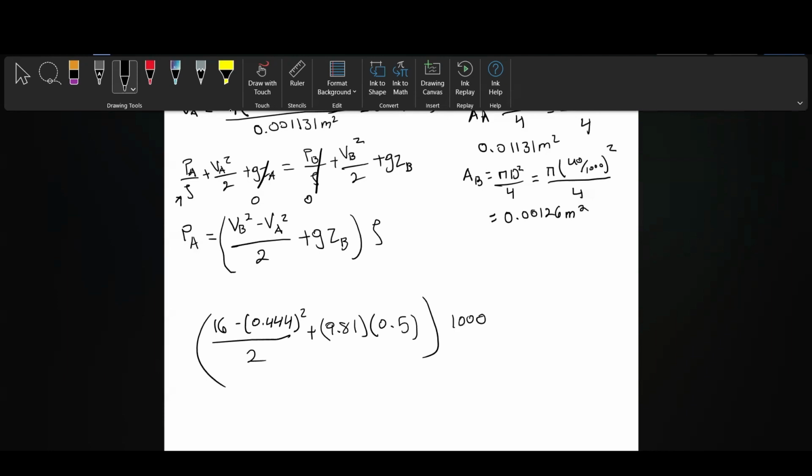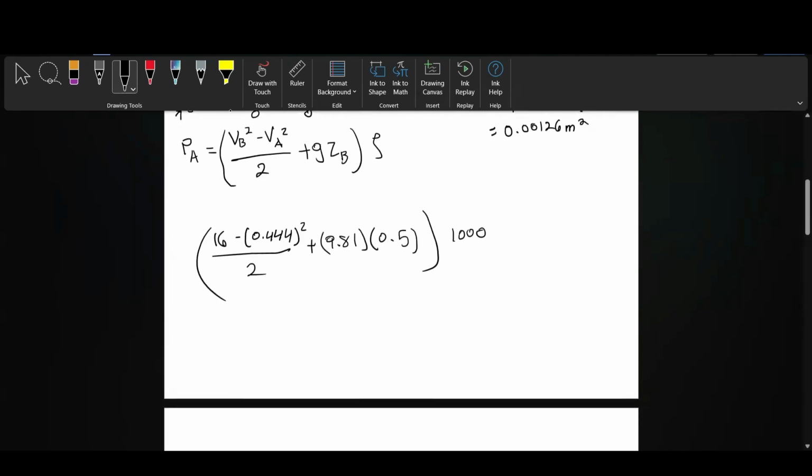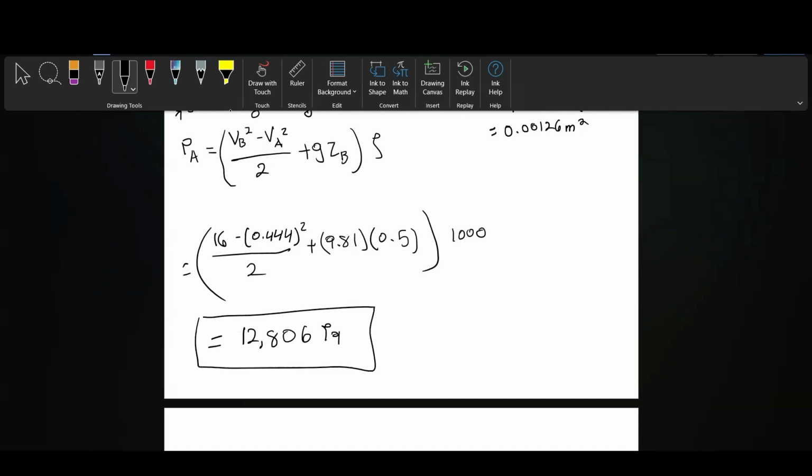Plug all those numbers in and do the calculation. You should get around 12,806, give or take. It could be a little more or a little less, depending on how you rounded. But yeah, something around here. All right.